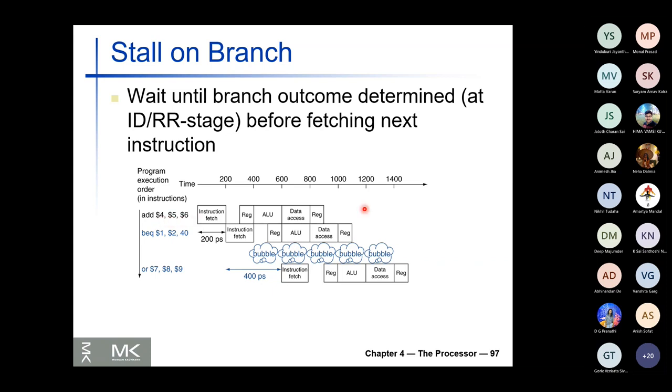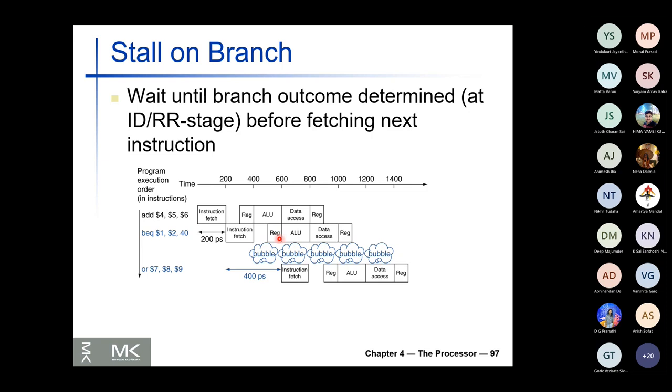So this is one instruction, and then you have a branch instruction here. And this is 1 clock cycle, 200 picosecond. So the branch instruction enters into the pipeline, and you have a subsequent instruction here. So let us wait for 1 clock cycle now.